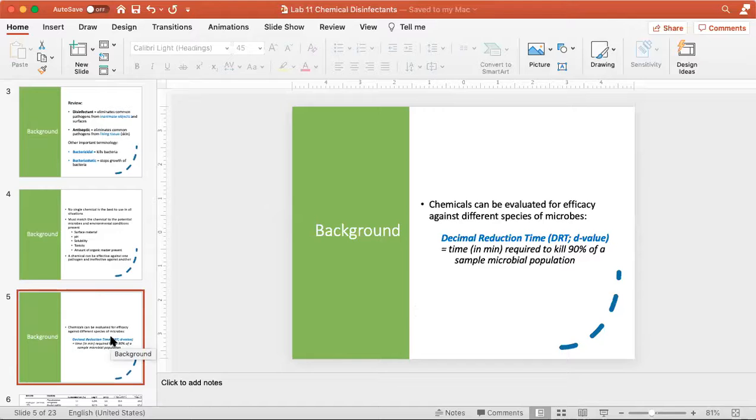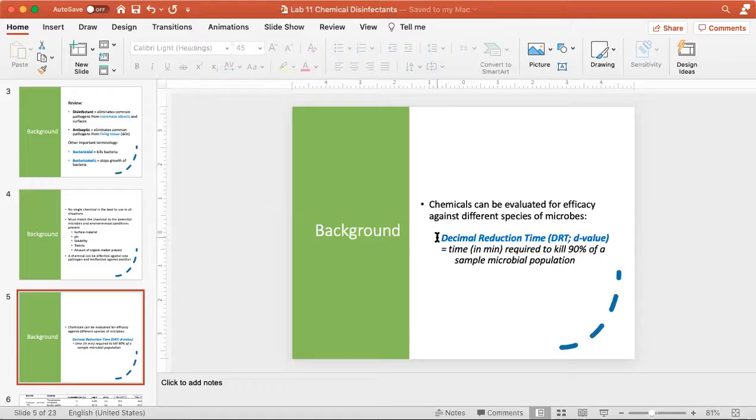And one of the most common tests that gets run is what's called a DRT, or a decimal reduction time. The other term that is used for this test is D-value, although in my experience, DRT is the more common name that you'll see.